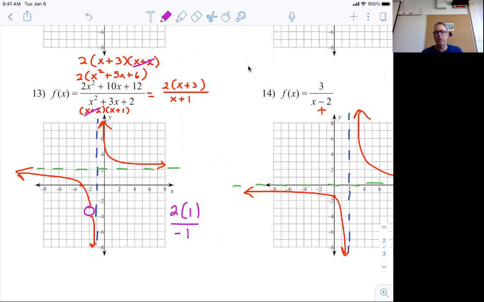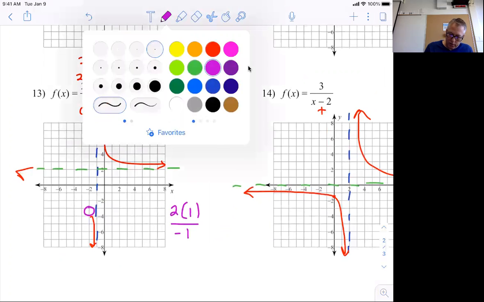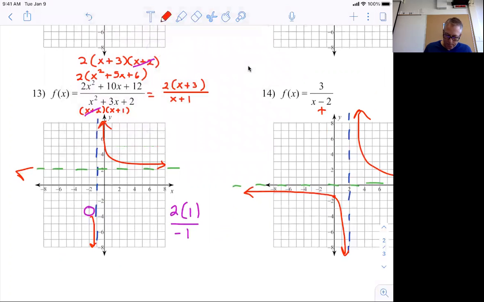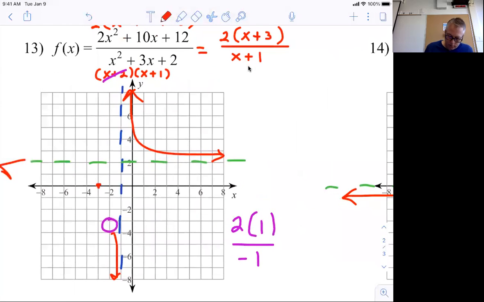And the reason I'm pointing that out is because when you do some delta math, it may ask you for that specific point, and we want to find that y value by plugging it in here. So let me draw that one more time for you guys here. Don't want to lose my x-intercept.